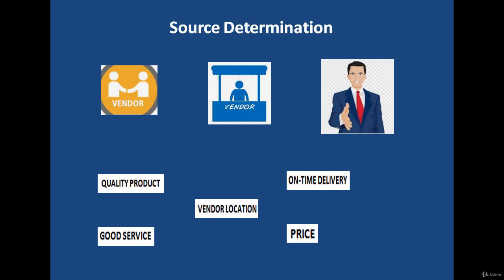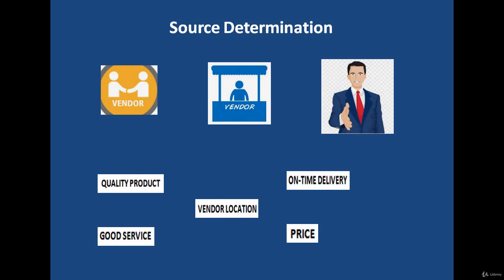And the company wants to know where the vendor is exactly located or situated, the geographical location of the vendor, and the company wants the vendor to supply the materials on time, so it looks for on-time delivery also. And more importantly, price.